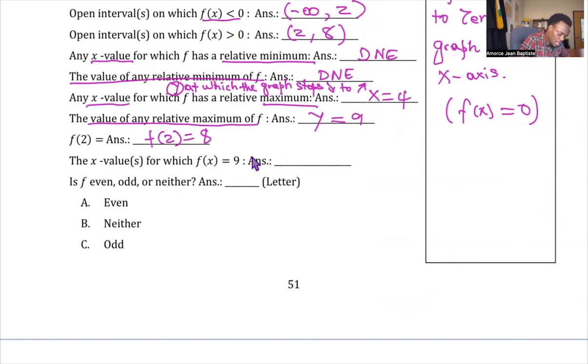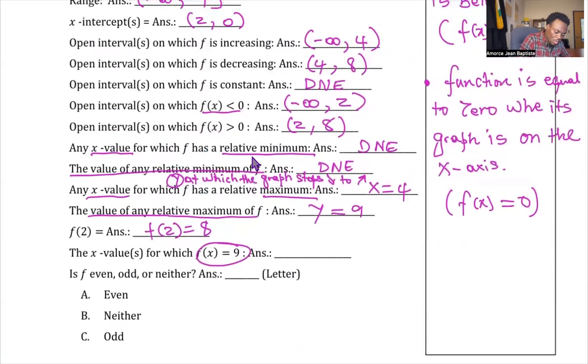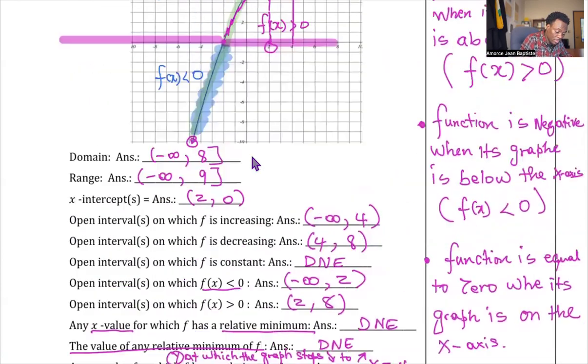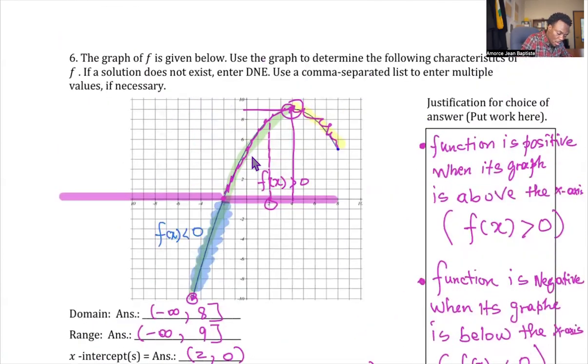And then the x value for which f of x equals 9. So y equals 9. We already have y equals 9. That means x equals 4 here. So let me check on the graph. y equals 9 here, we touch the graph. See how many steps you would go over to see what x it is.